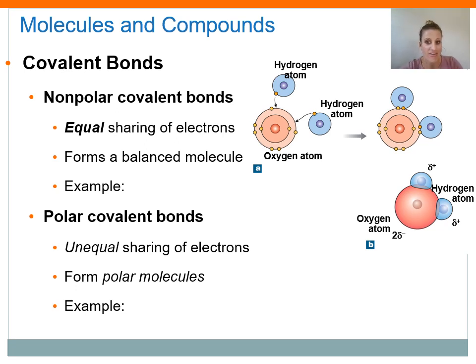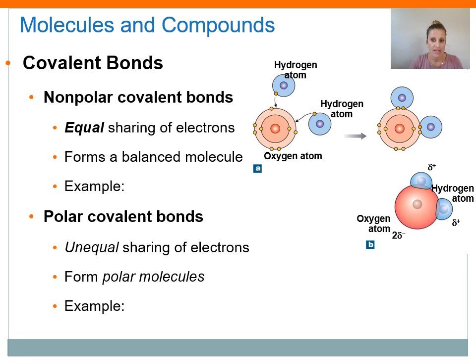Now, just looking at that, you can see that oxygen is much bigger, right? He's a much bigger, stronger atom. He has a lot more of these positive protons in the middle that are going to pull those electrons over, right? So the electrons spend way more time over here than they do with the hydrogens. That means that there are negative charges present on this side more than on the other side.